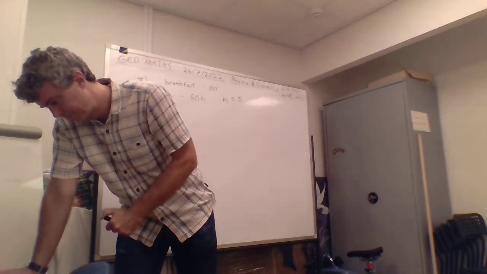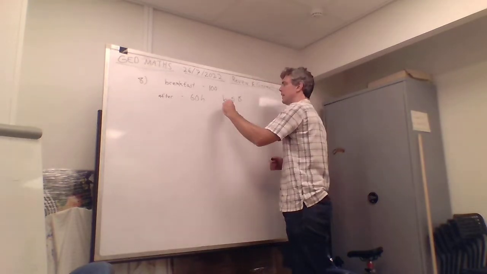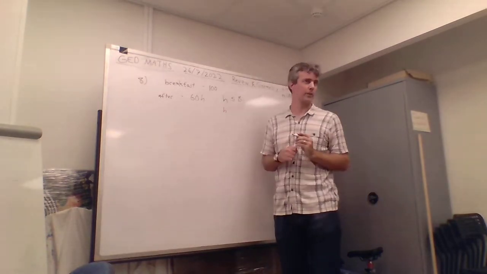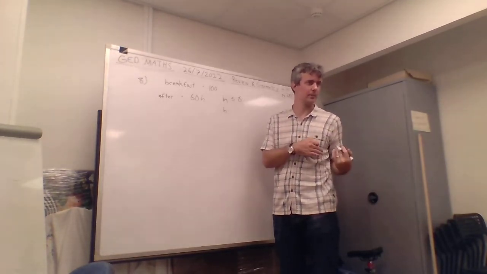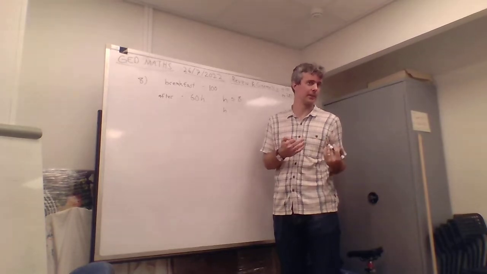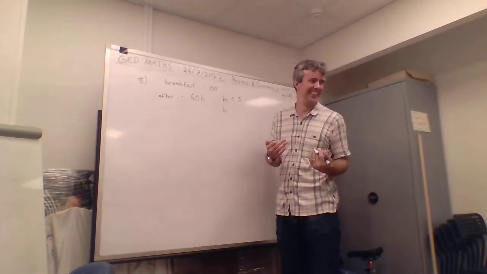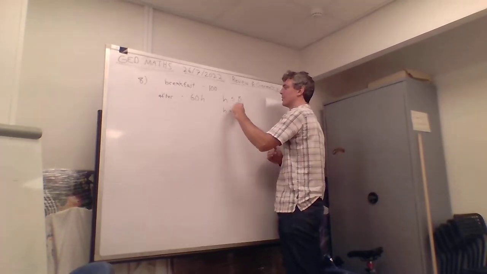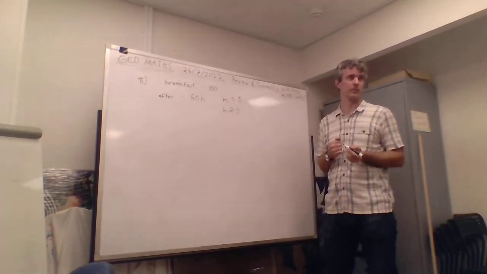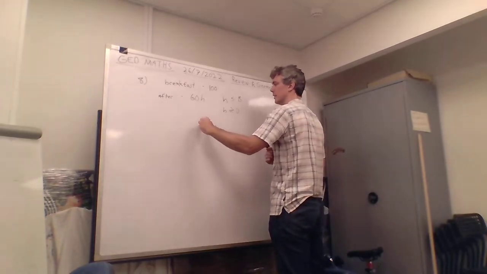Another question: can h be less than 0? No, because it's hours. We can't have negative time. We all wish we could, but we can't. So h has to be greater than or equal to 0. So this is actually our domain already.